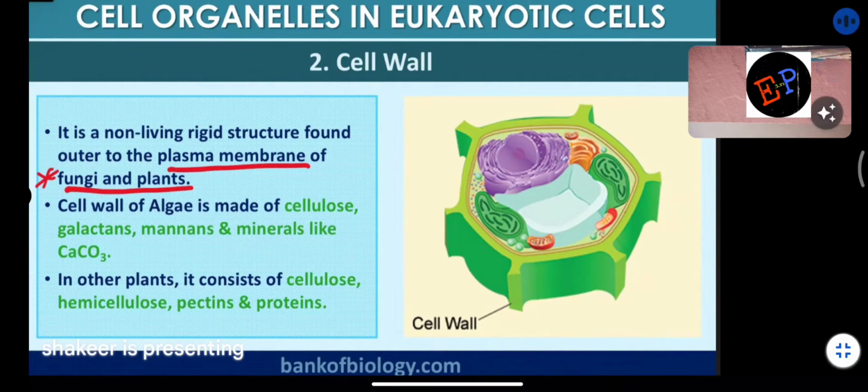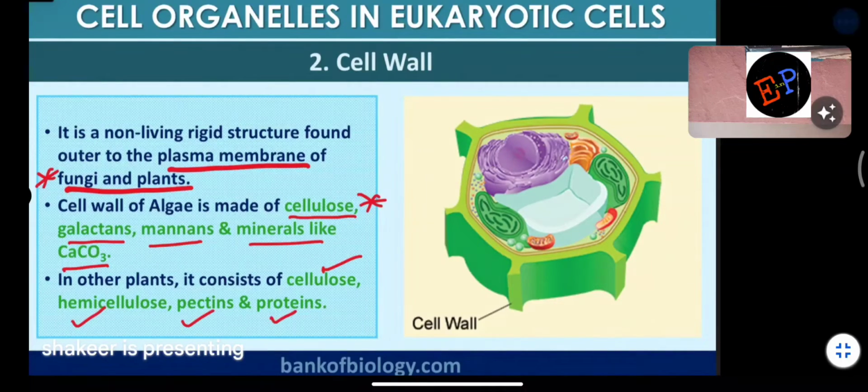The cell wall of algae is made up of cellulose, galactans, mannans, and minerals like CaCO3. A question can be asked on this. The cell wall of algae is made up of cellulose, galactans, mannans, minerals like calcium carbonate. In other plants, it consists of cellulose, hemicellulose, pectins, and proteins.